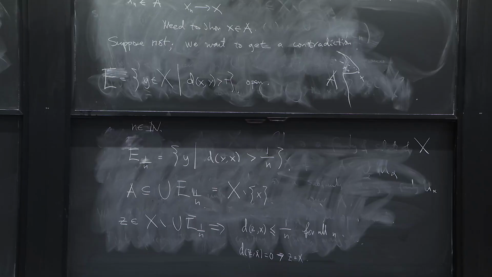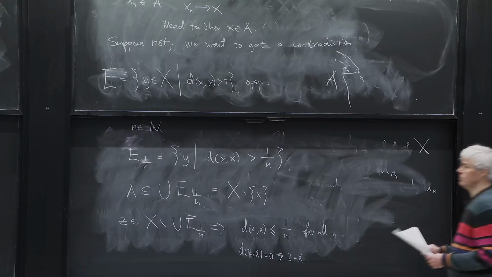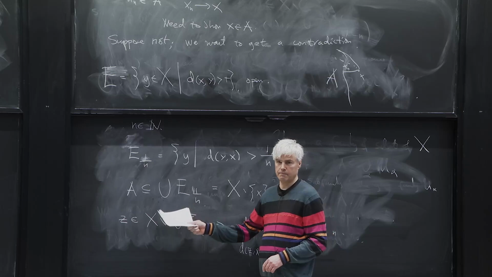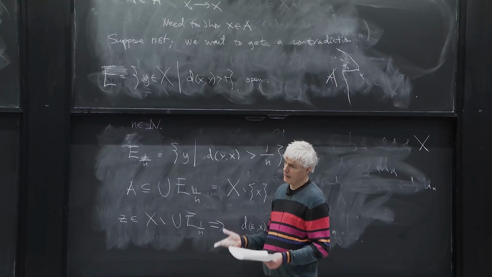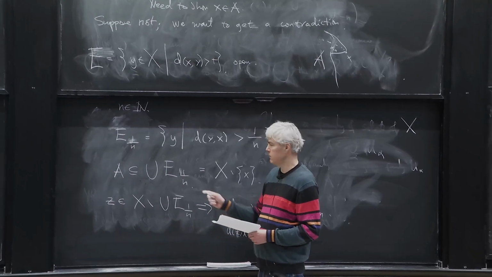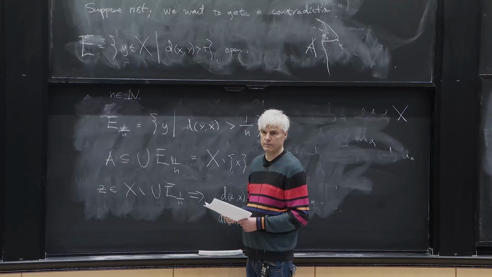Okay, so this is a nice open cover of A, but A was supposed to be compact. That means that finitely many of these cover, right?